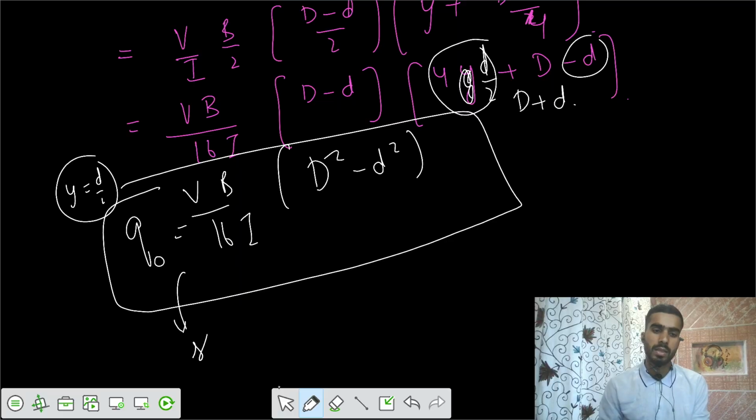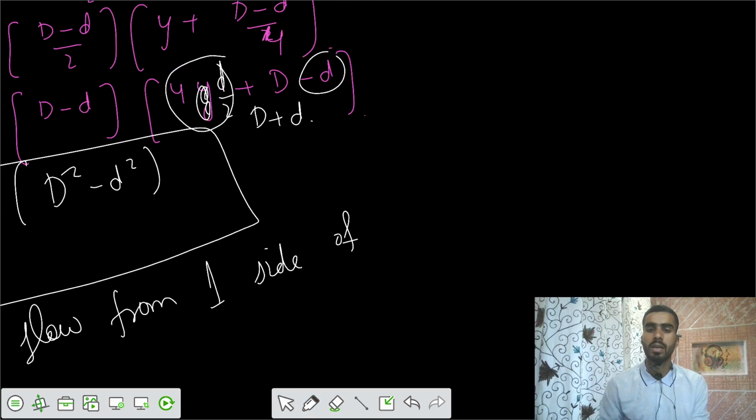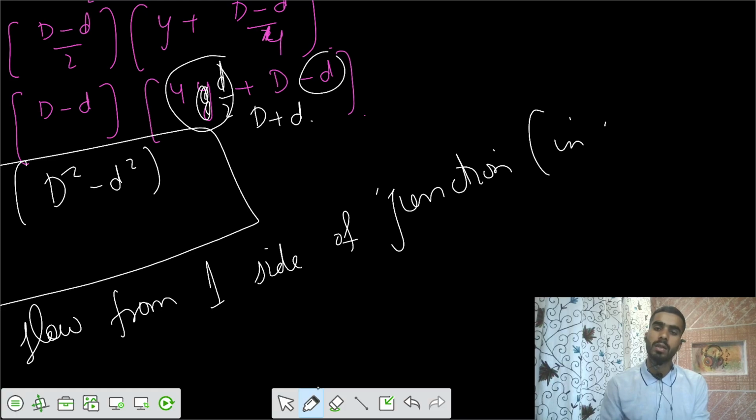This is the shear flow on one side of the junction. From one side of the junction in the flange, we have the shear flow Q0 coming to the junction.